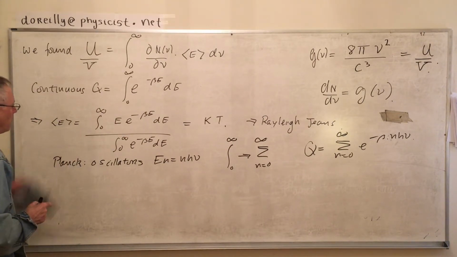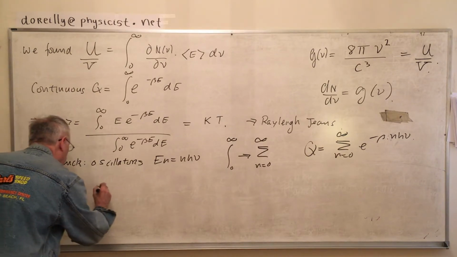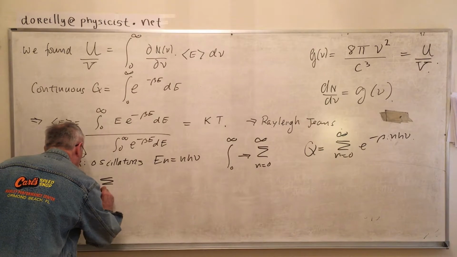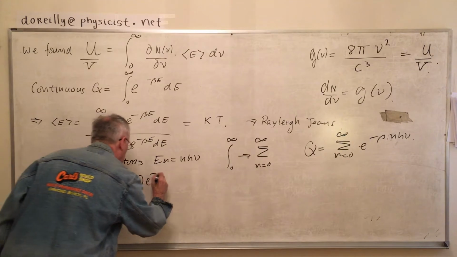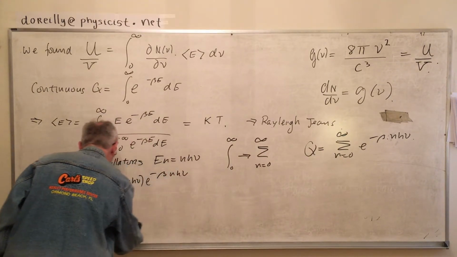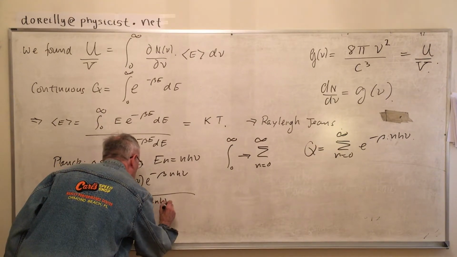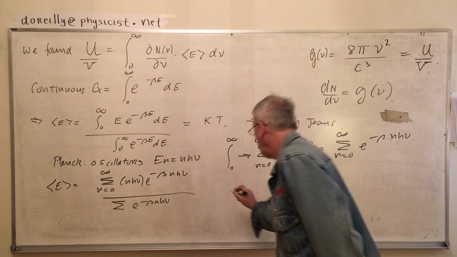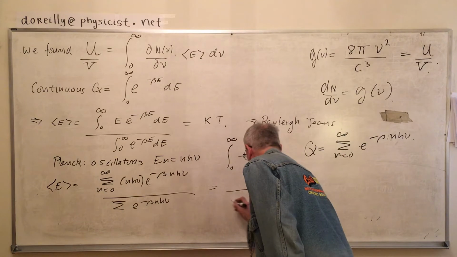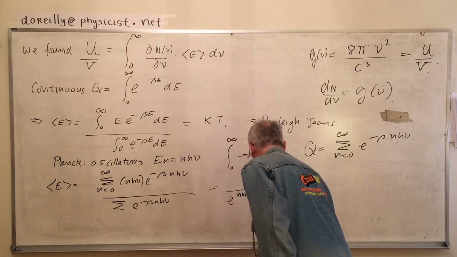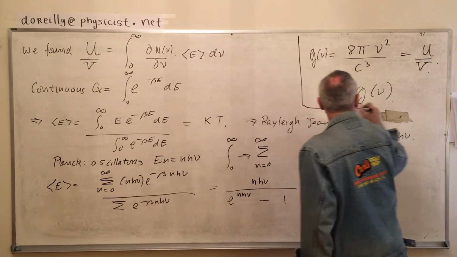We replace this with the sum. And we work out the average energy, and we find it to be equal to n h nu over e to the n h nu minus 1. That's our Planck function.